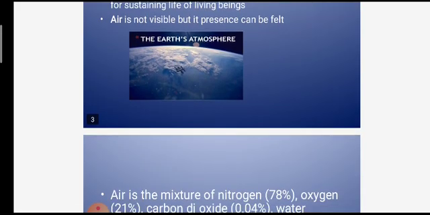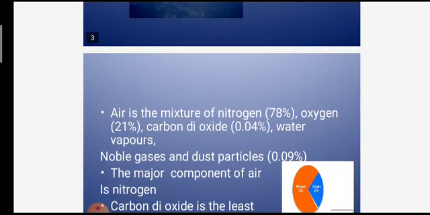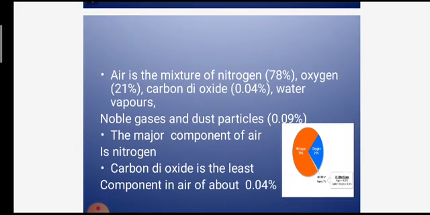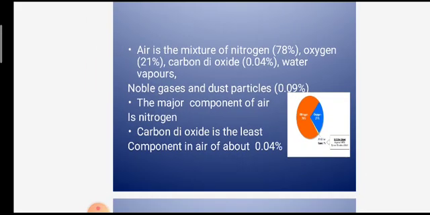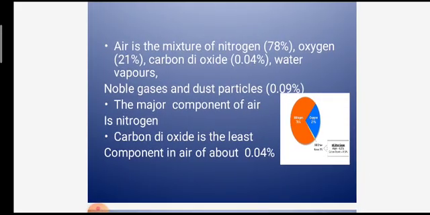Now, let's see how much percentage of each gas it has. Air is a mixture of nitrogen, oxygen, carbon dioxide, water vapors, noble gases, and dust particles. The major component is nitrogen.